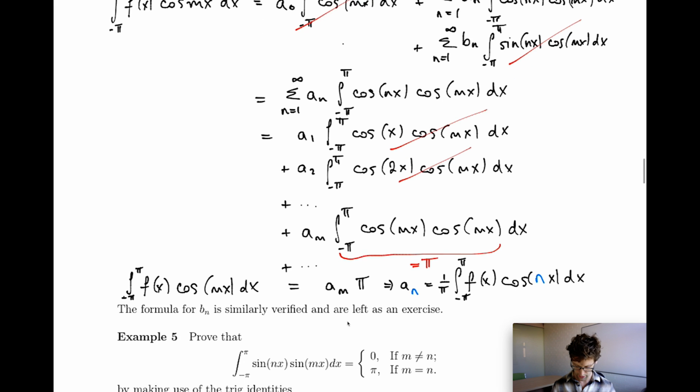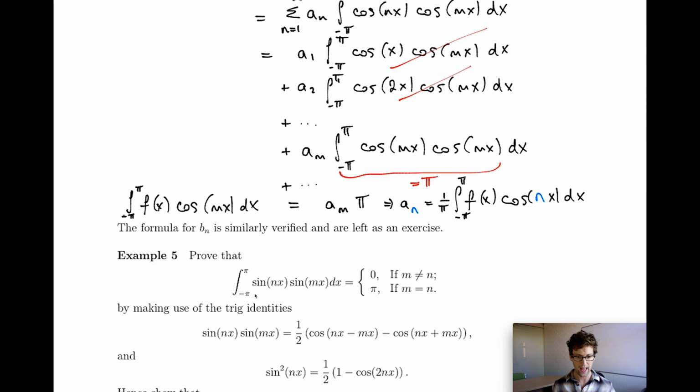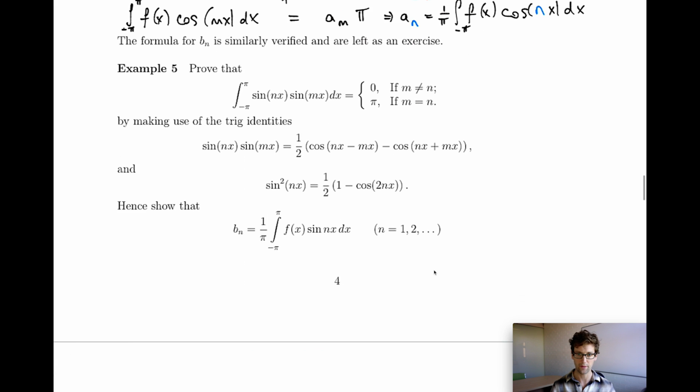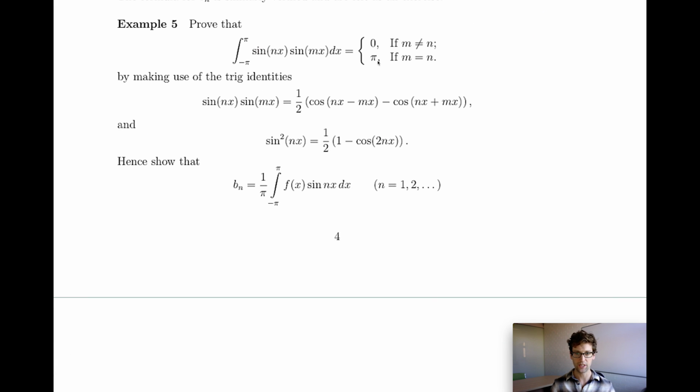We're also going to make use of the fact that sine nx and sine mx are orthogonal. By that I mean their integral will be equal to 0 when m and n are different, and it'll be equal to pi when m and n are the same. And we're going to use similar trig formulae to do that.